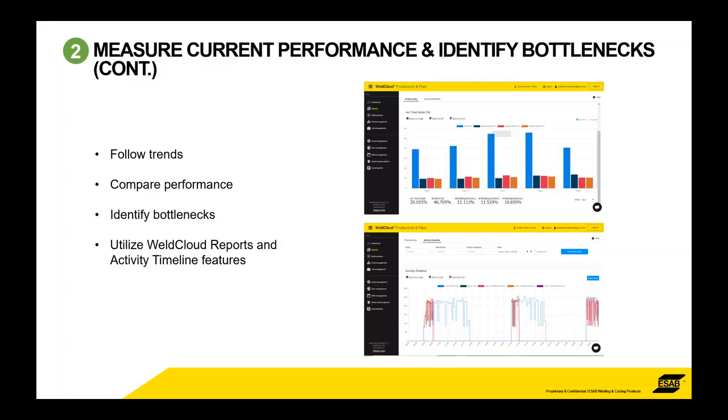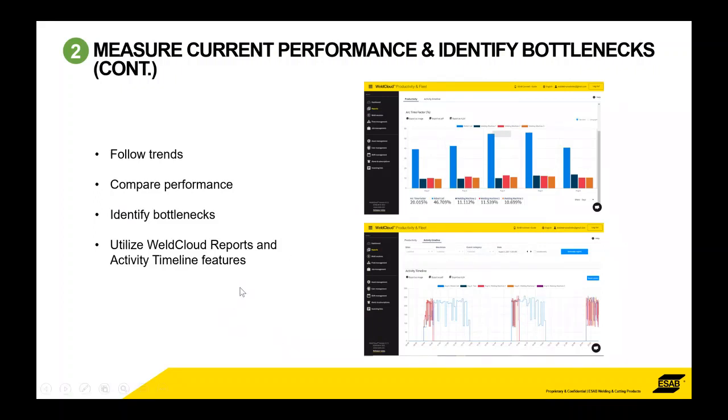When are you welding? When are you not welding? And what's the reason for that? Maybe there are big gaps somewhere, and that's a good way to understand and look at where you might have issues.